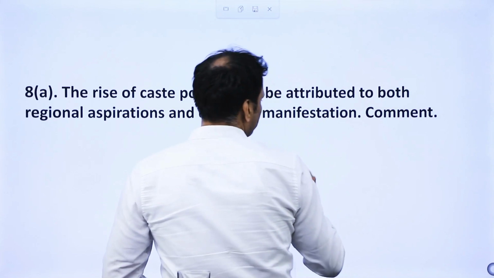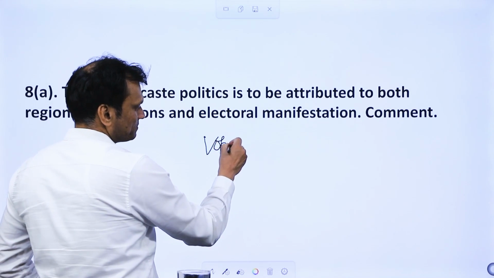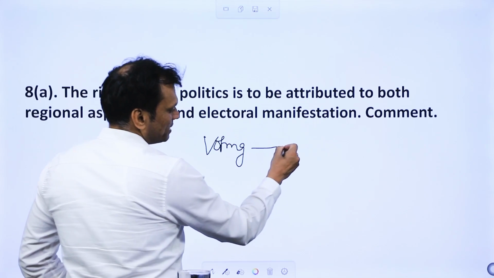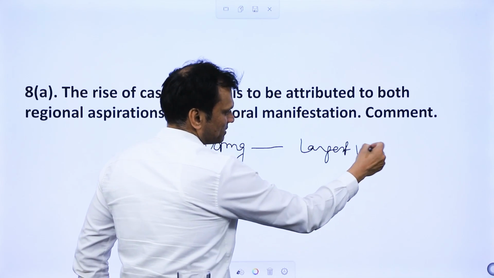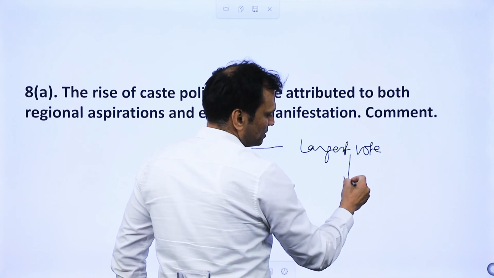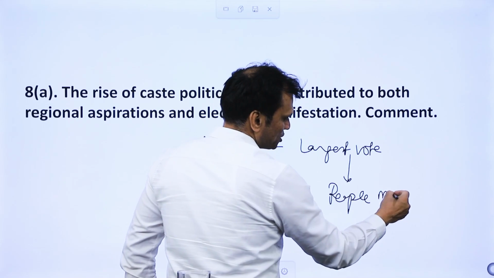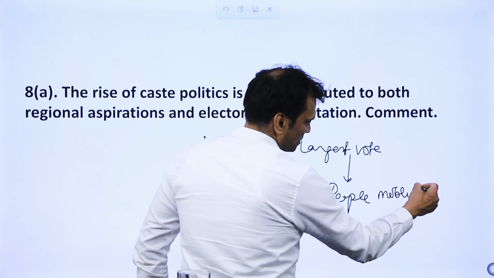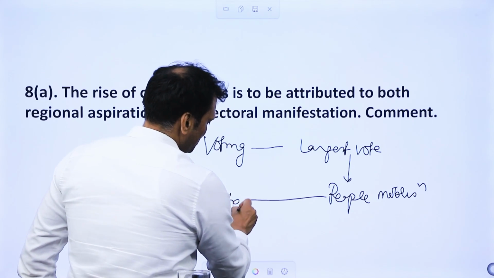The statement is true because we have a voting system. In voting, the one with the largest number of votes wins. So here comes people mobilization and the factors of mobilization. The easiest is caste.